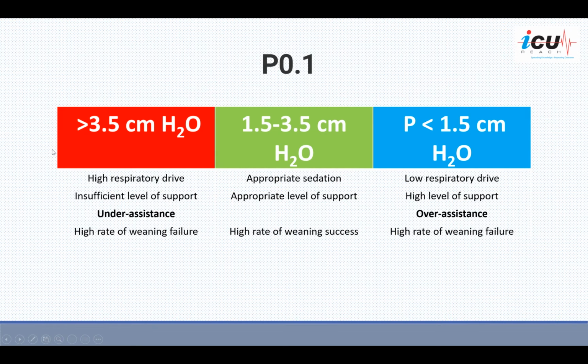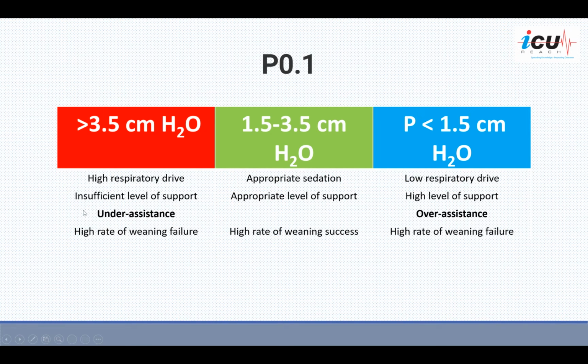On the other side, if the P0.1 is more than 3.5 centimeter of water, this could indicate that the patient has high respiratory drive, or you're giving him insufficient level of support, and this is under assistance. If the patient is doing an SBT trial, it would be associated with a higher rate of weaning failure.